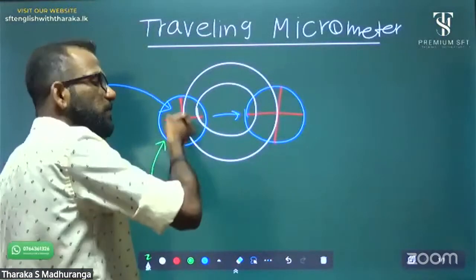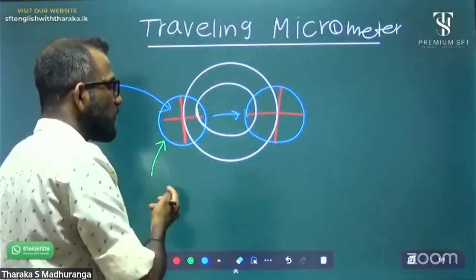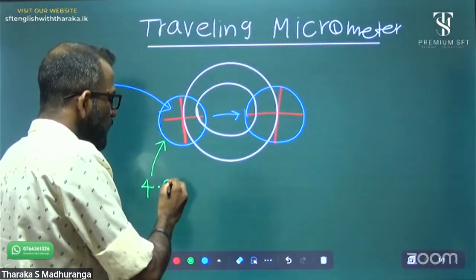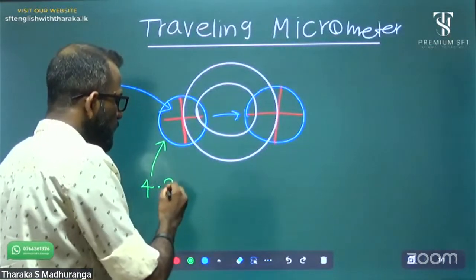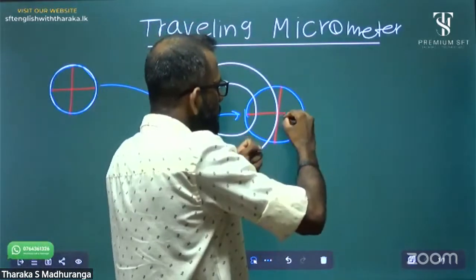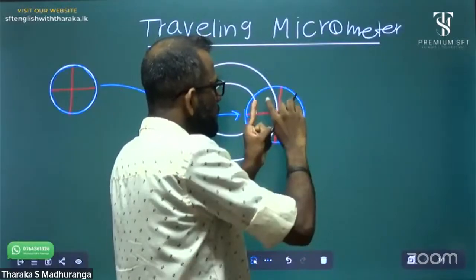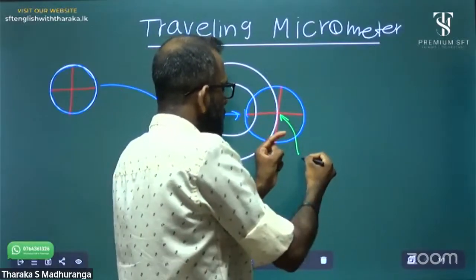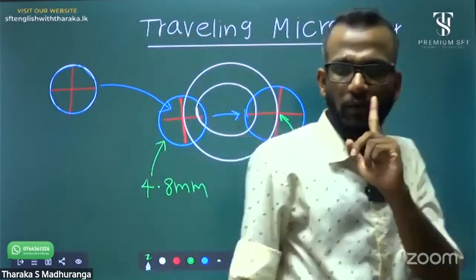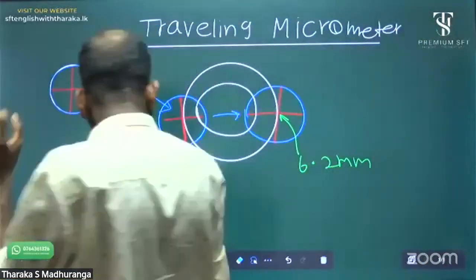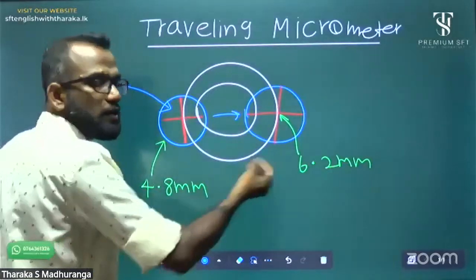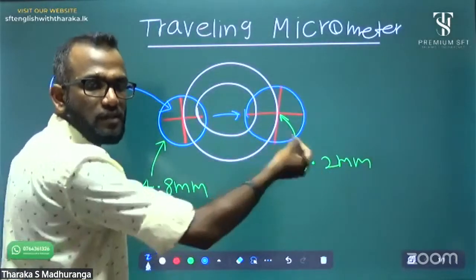Think this point, this edge value on the vernier caliper was 4.8 millimeter, and the value of the other edge was 6.2 millimeter. Now carefully understand, we can get the external diameter by the difference of these two measurements.